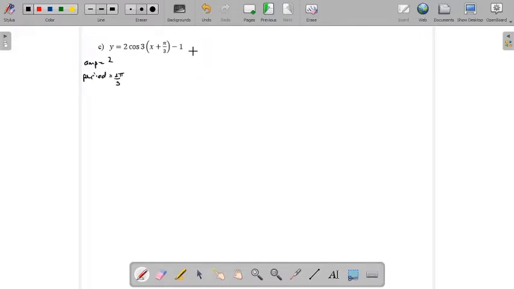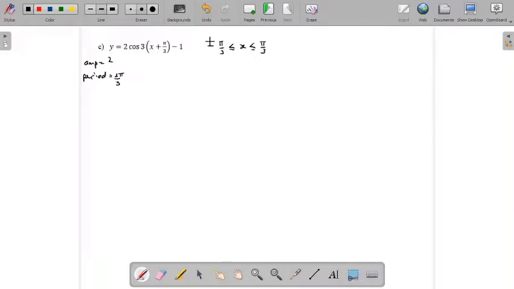This function, I haven't got it written here, but it's being graphed over the domain from negative pi over 3 to pi over 3. So we've got our amplitude, we've got our period. We can see that it's going to be translated to the left pi on 3 units and translated down 1 unit. So that's important in terms of working out what our maximum and minimum values are.